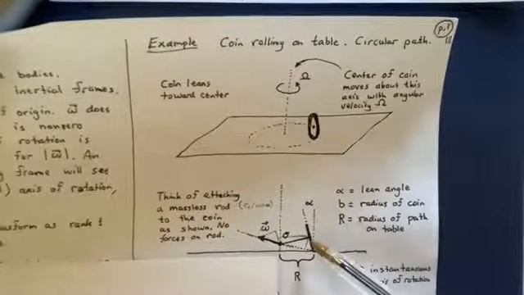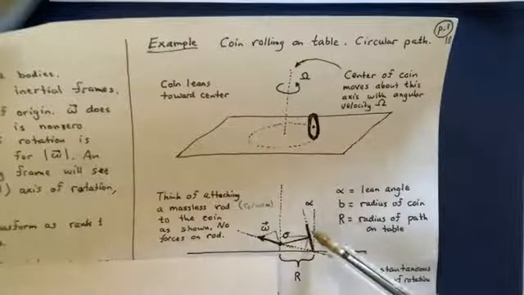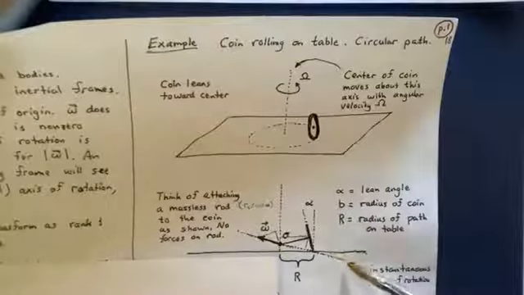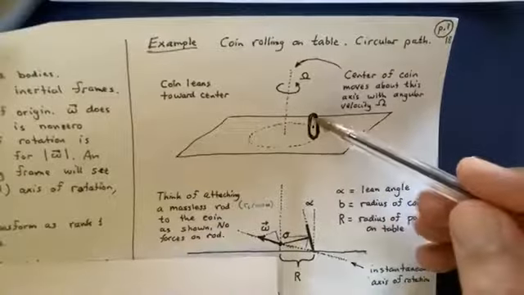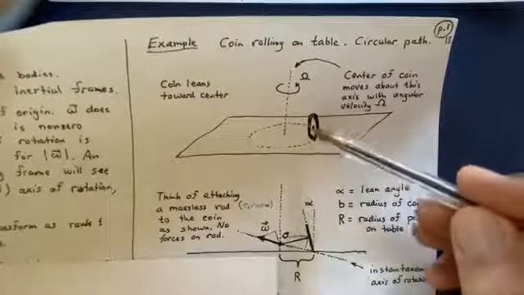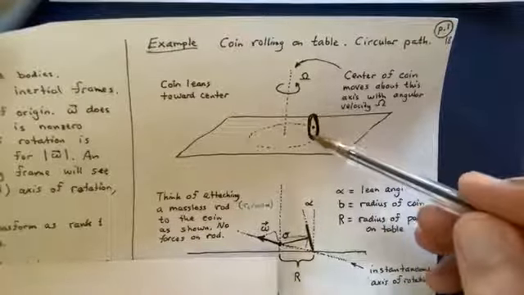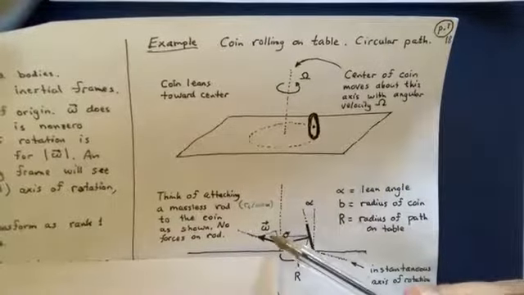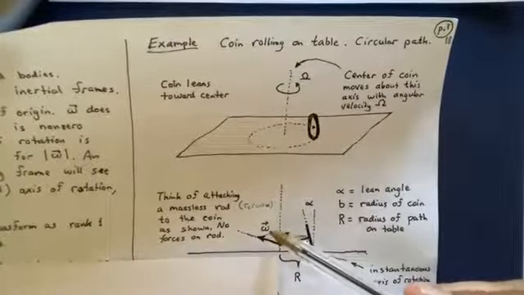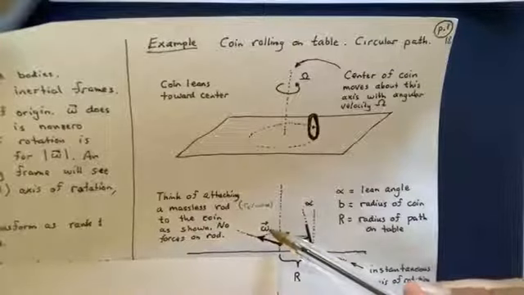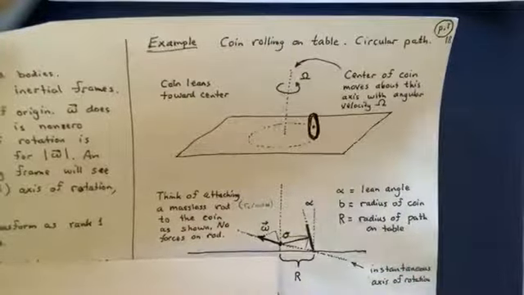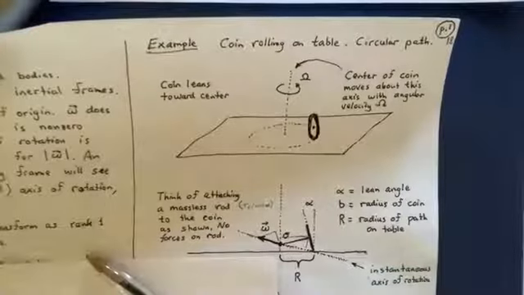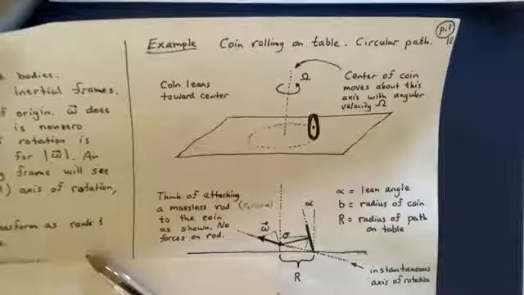It must necessarily, at that instant, move in a circular path about this instantaneous axis of rotation. And now we have a complete description of all the velocity vectors of all these points inside the coin. Again, this omega vector in one fell swoop, plus the useful relation omega cross r, tells you the velocity vectors of all those things. So the next crucial thing here in this discussion is to figure out the angular momentum vector.